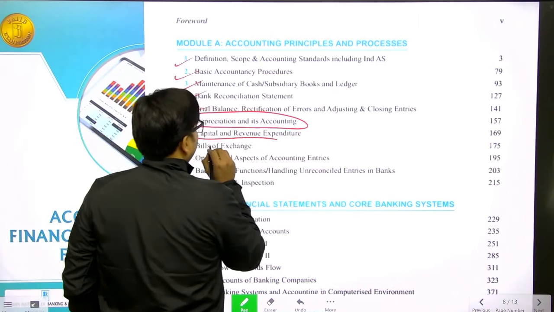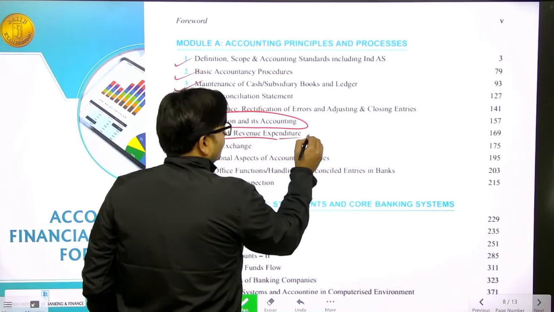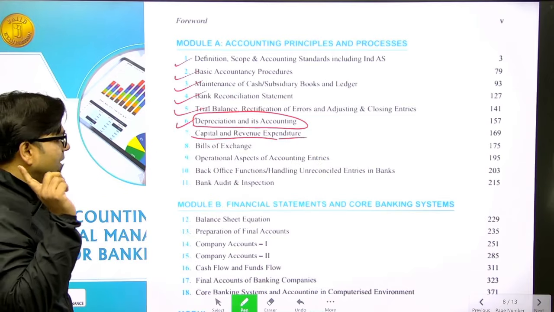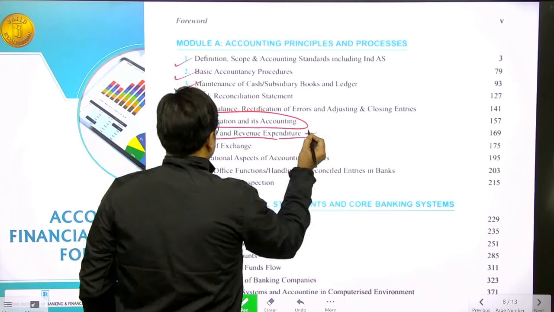Capital and revenue expenditure was one of the topics from module C of accounting and finance for bankers, old book.